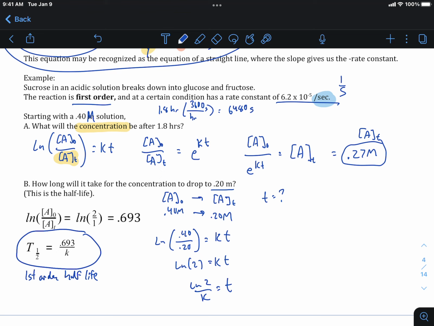All right, so what is k? K is told to us to be 6.2 times 10 to the negative 5th, so we have the ln of 2 over 6.2 times 10 to the negative 5th. All right, ln of 2 is 0.693.